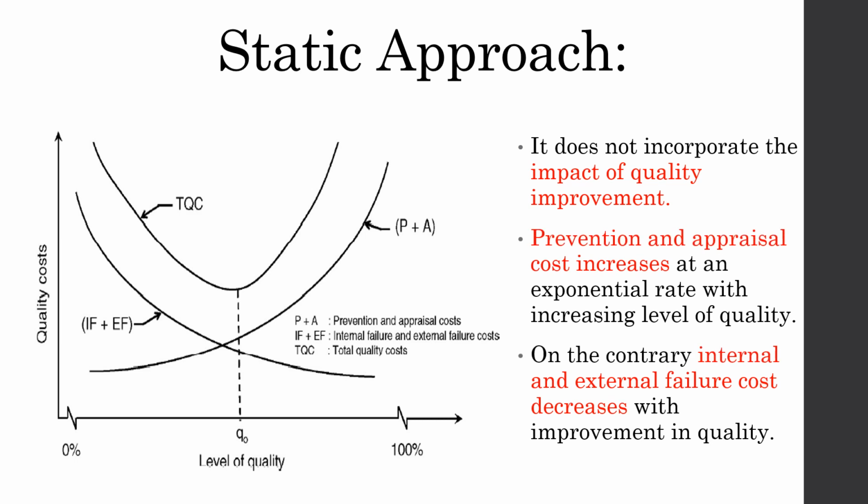See this graph. Actually, increasing the level of quality would lead to prevention and appraisal costs to increase at an exponential rate. And on the contrary side, internal and external failure cost decreases with improvement in quality. You can see these curves. This is the curve of prevention and appraisal cost, and this is the curve of internal and external failure cost.